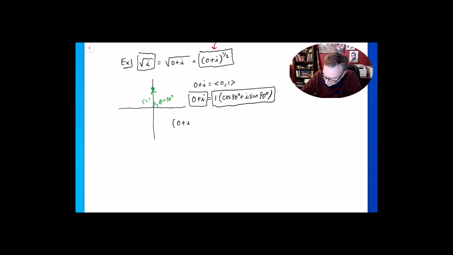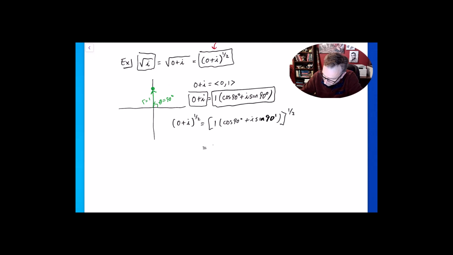Okay, now we want to find 0 plus i to the 1/2 power, right? And so what we're going to have to do is take 1 times cosine of 90 degrees plus i sine of 90 degrees and raise that to the 1/2 power.